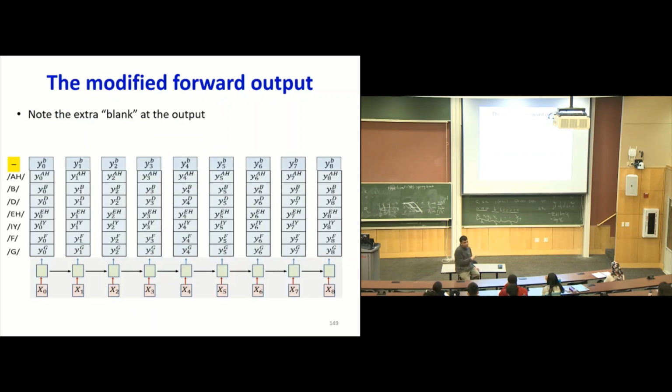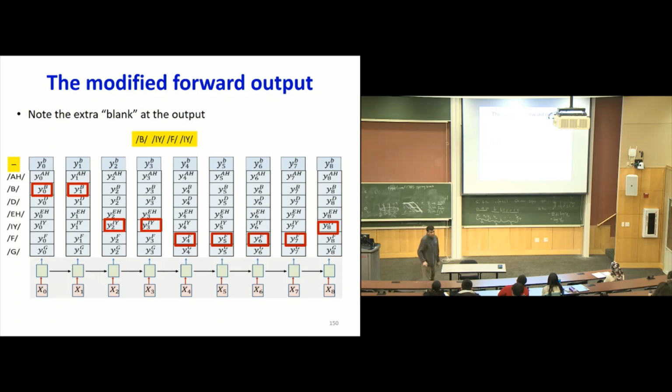So I'm going to introduce this blank, but this makes things a little tedious. Consider this. Suppose this is my best decode, and it never touches the blank. These two B's can be collapsed to B, these two E's can be collapsed to E, these three F's can be collapsed to F, and then this E is E. So this is beefy, right?